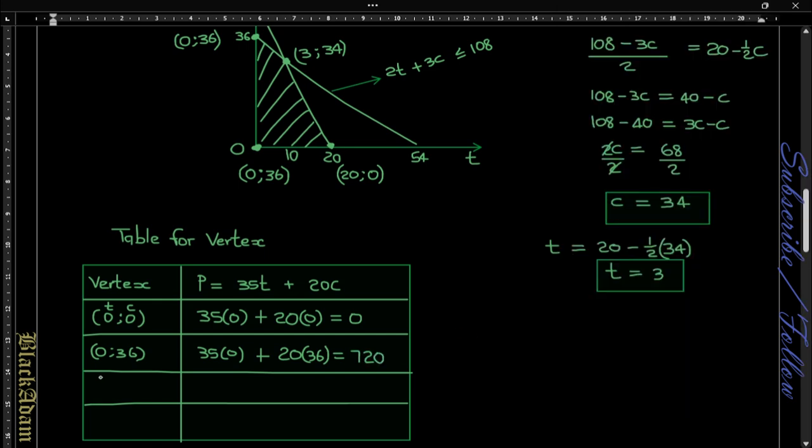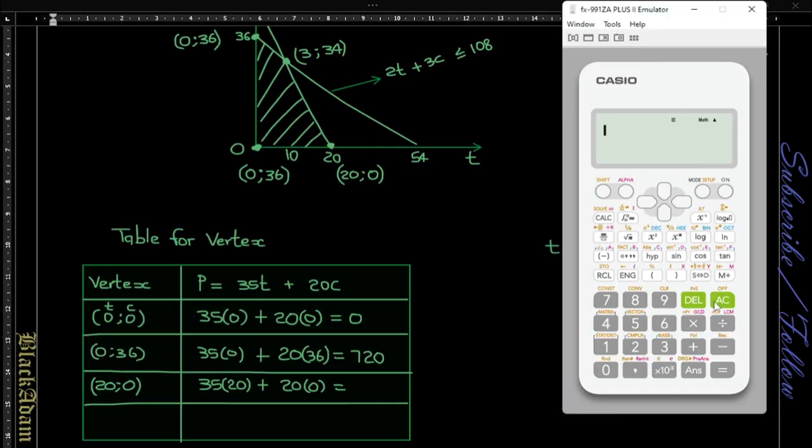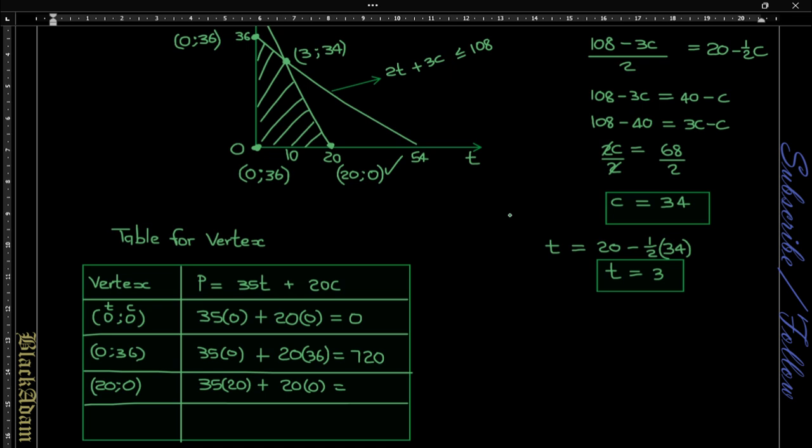And then the next part is where we have 20 tables and 0 chairs. That's 35 multiplied by 20 plus 20 multiplied by 0. 35 times 20 is 700, so we're going to make $700 profit. So making only chairs is much better than making only tables.